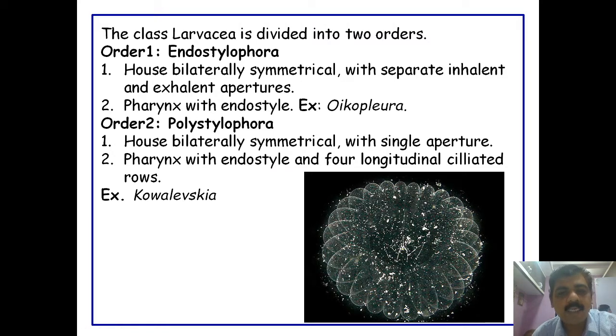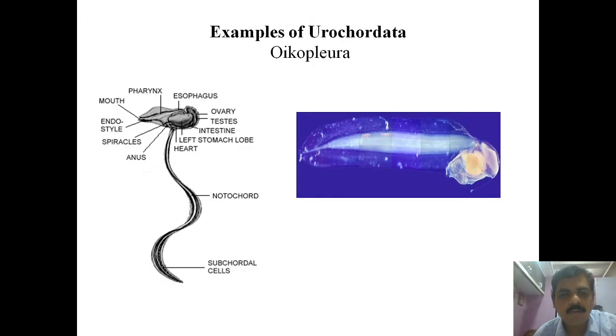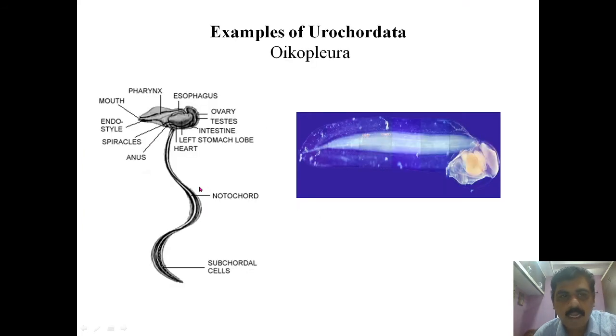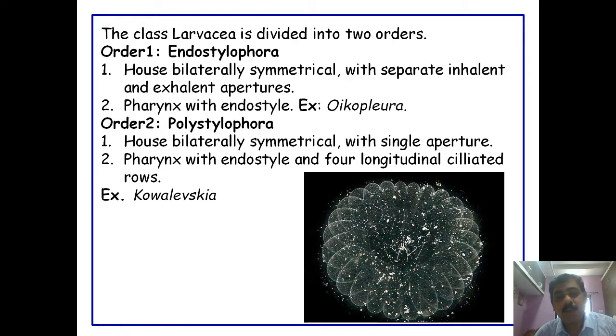The first, Oikopleura, that we have just discussed, is covered entirely by the house, and this house is bilaterally symmetrical with a separate inhalant and exhalant aperture, and a pharynx with the endostyle. An example is Oikopleura.